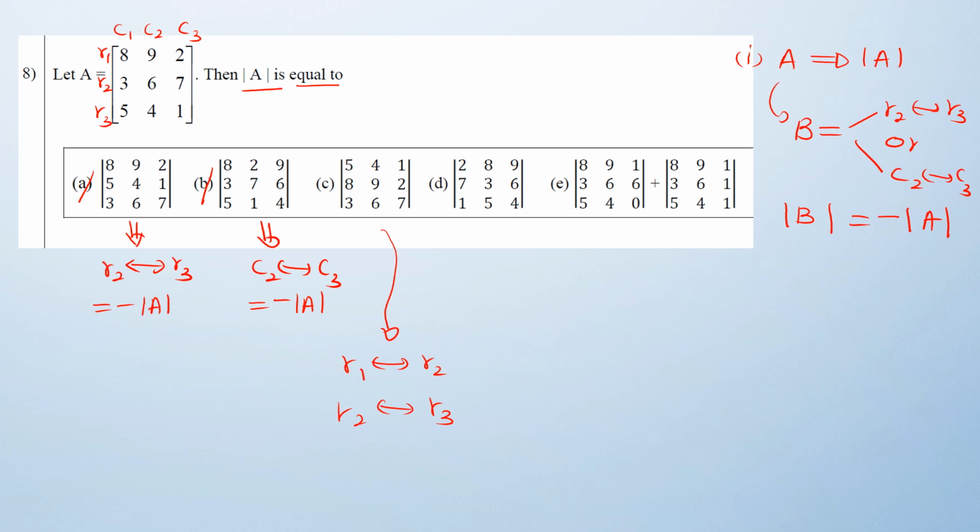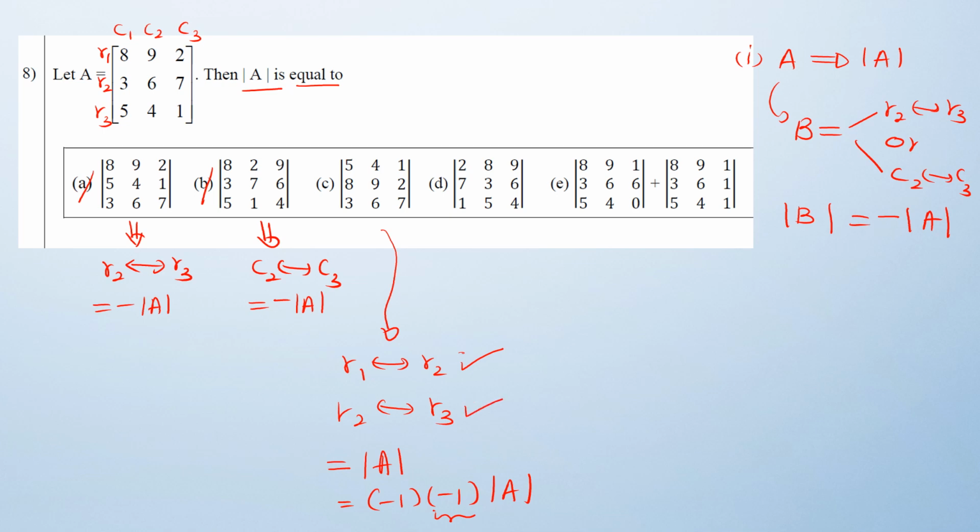So the determinant of the matrix given in C will be exactly equal to the determinant of A. You will always have minus 1 when you have one interchange.